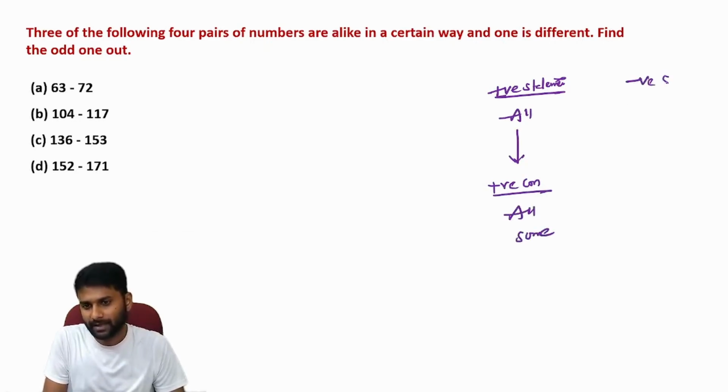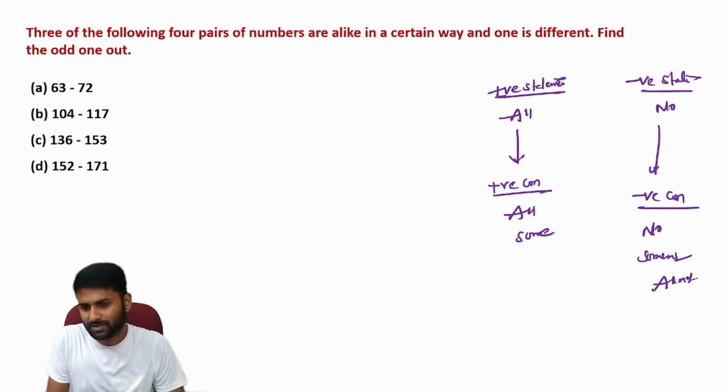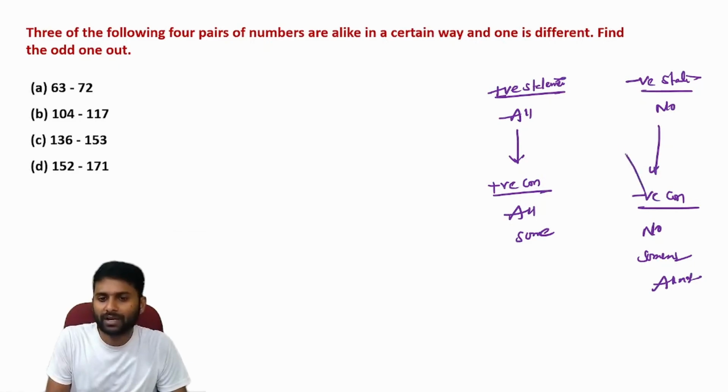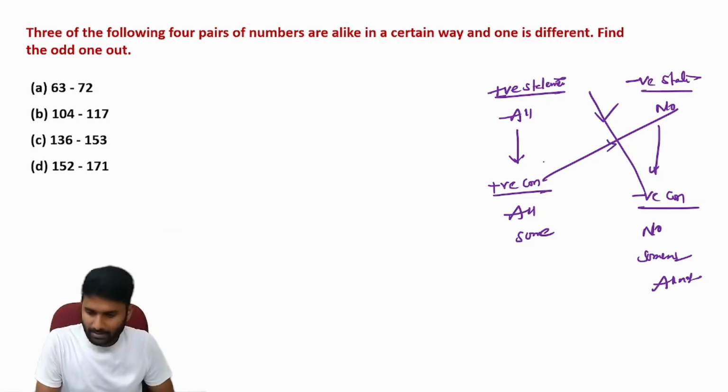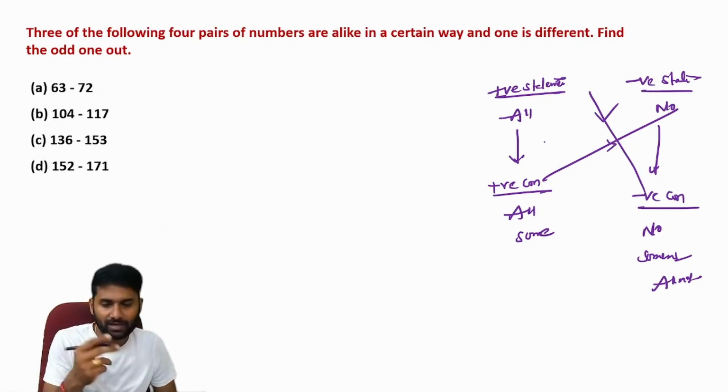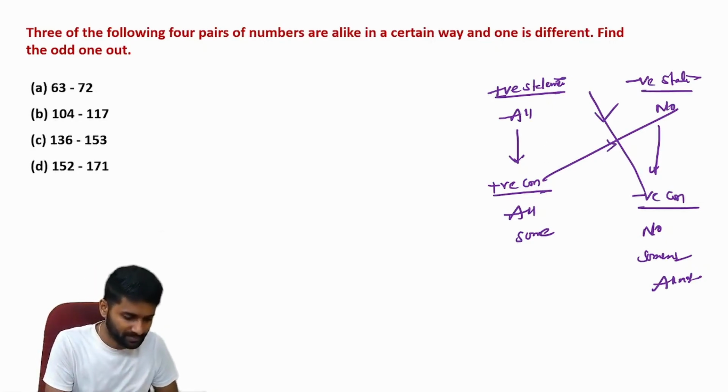Same with negative statements: no, it always concludes negative conclusions like no, some not, all not. It's direct information. You never get negative conclusions from a positive statement. You never get positive conclusions from negative statements. With the help of that reference, we can eliminate option 2. Is it clear, Mohit?